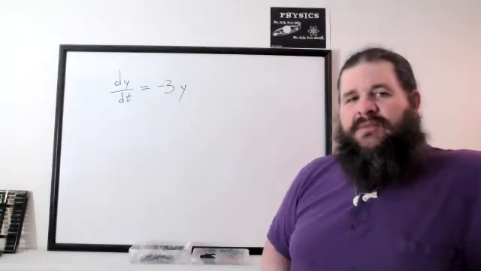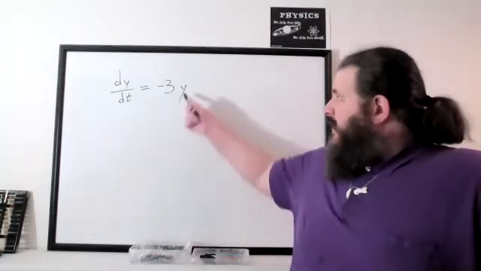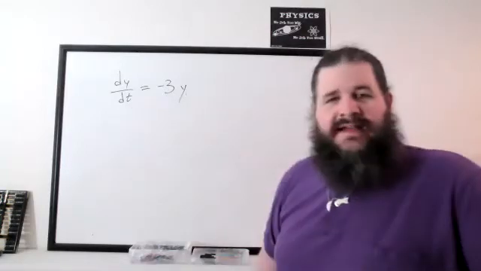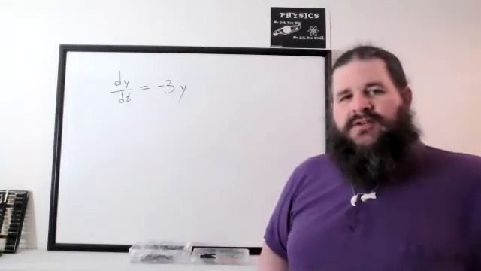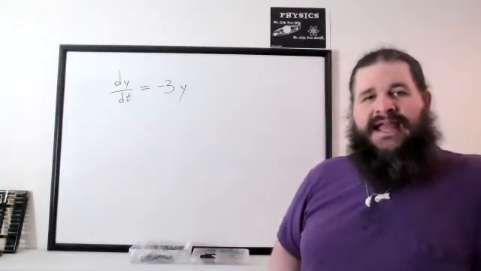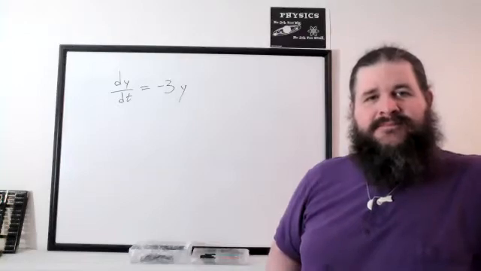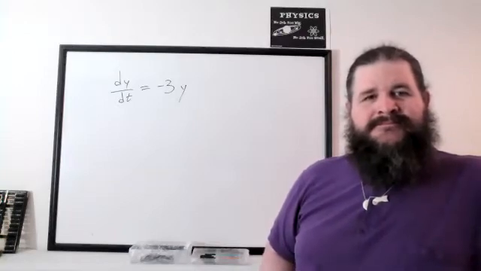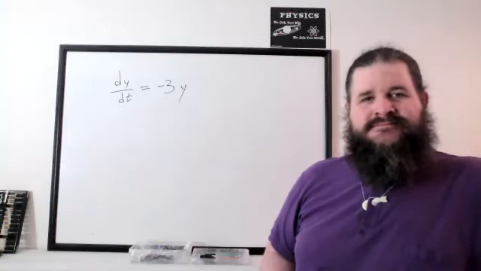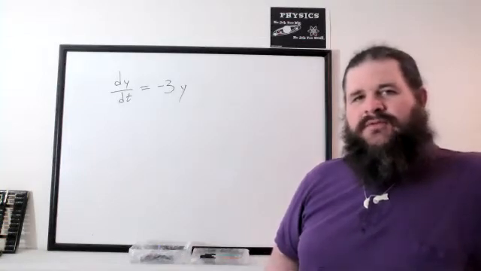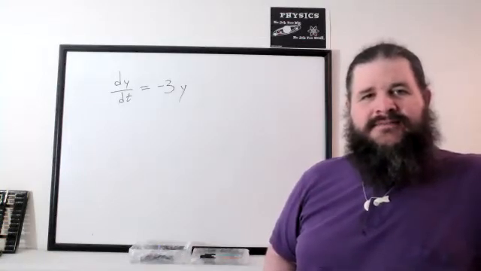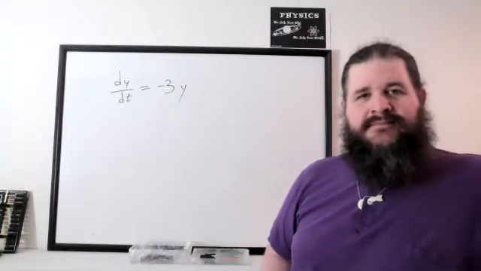And we can't solve this by just integrating right away because we can't integrate y with respect to t. But what could we do here to rearrange things so we can integrate? Is there any way we could move variables around here? Could you divide by y on both sides?